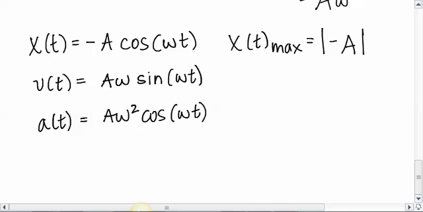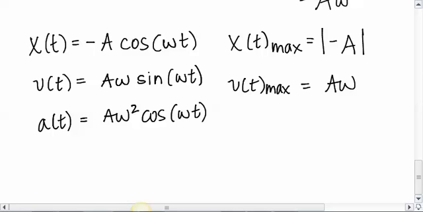I put the absolute value sign in there because sometimes we want the positive one and sometimes we want the negative one. So just the maximum distance, if you want to call it that, is the absolute value of your amplitude. All right, what about velocity? What's the maximum value that sine of any angle can be? 1. So then what is my maximum velocity? A omega. Because sine of what?